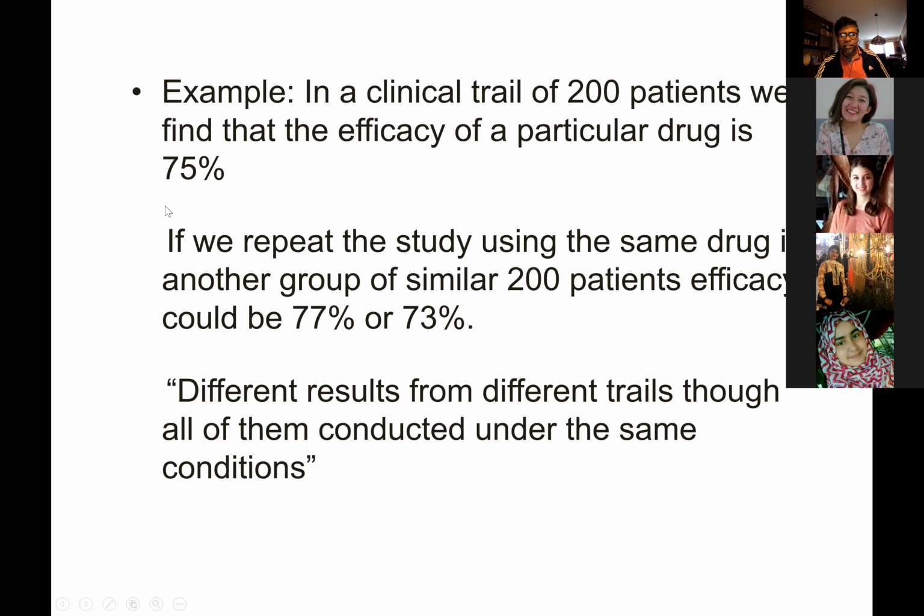That's why in statistics and in research, having a little bit of flexibility is there for accepting a true result. If you find 75%, and another person finds 77 and 73, a little bit of variation is accepted because the level of confidence and all other estimates are not 100% all the time.